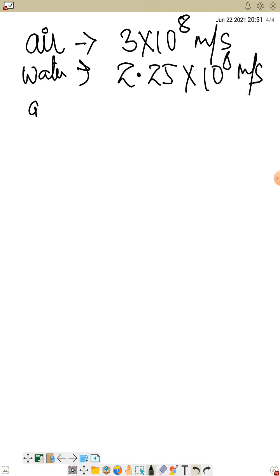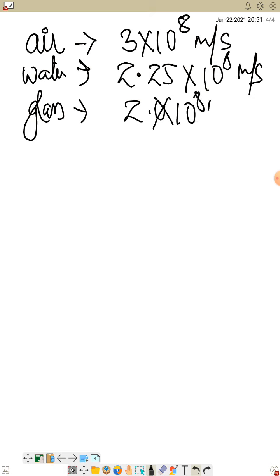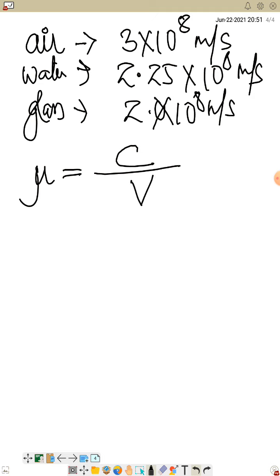Similarly, speed of light in glass is 2 into 10 to the power 8 meter per second. Now just now we saw that refractive index is the ratio of the speed of light in air, that is c, divided by the speed of light in any medium. Let that medium be water for the time being.